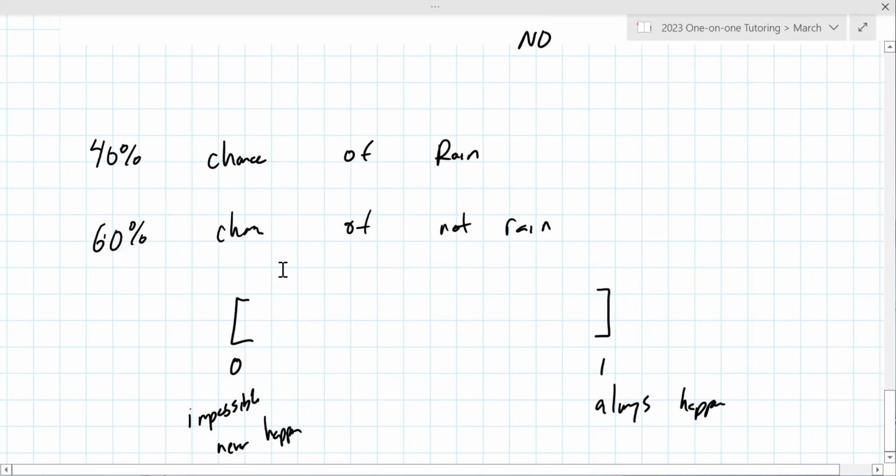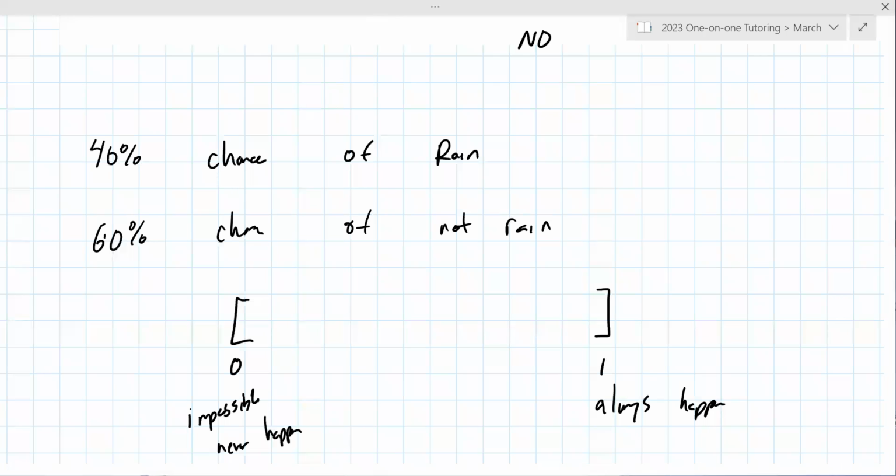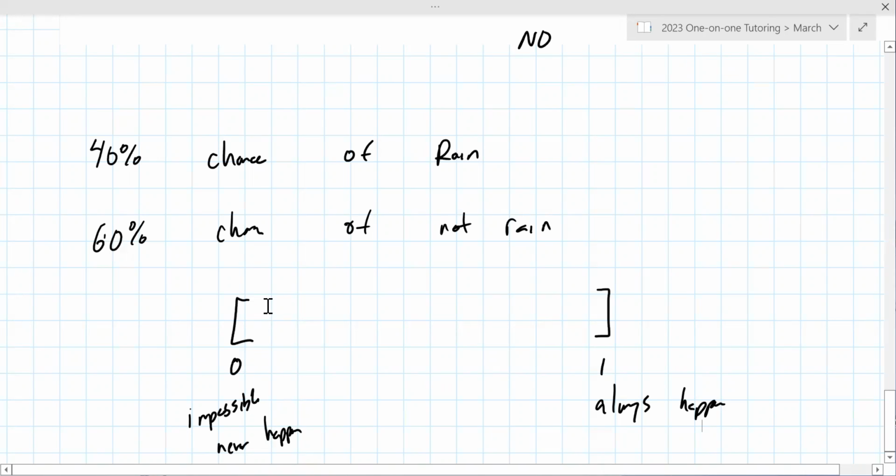Even on the driest Arizona day, there might still be a 1% chance of rain, because you don't want to say that it will never happen, because then you look really bad as a weather forecaster. You also want to be careful of saying 100% chance of rain, because it doesn't always rain when you say it will.